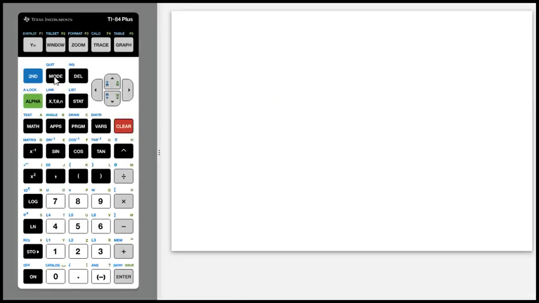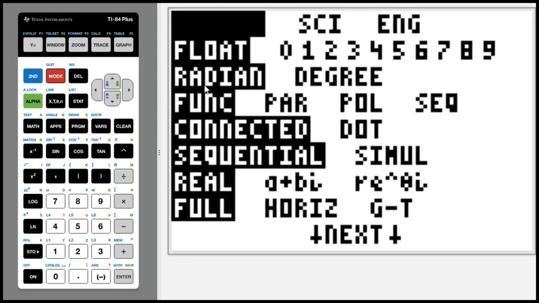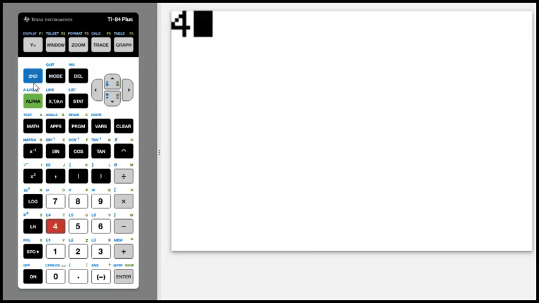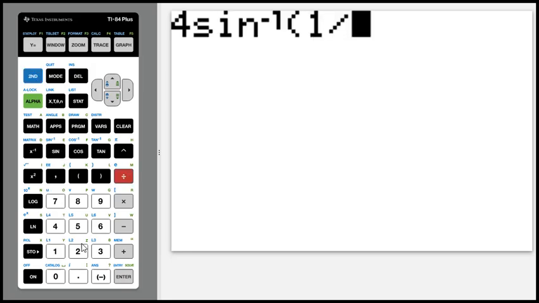Clear the memory and make sure the mode is in radian. Then we will do 4 times the inverse sine of 1 divided by 4. We will store this into alpha A, enter.